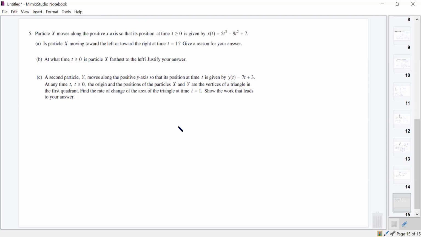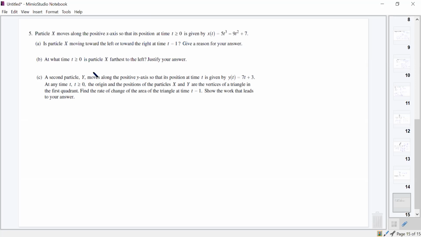Good news. All right, we want to know at what time t greater than or equal to 0 is particle x farthest to the left. Okay, so let's see, we were not given an initial position, it wouldn't appear.